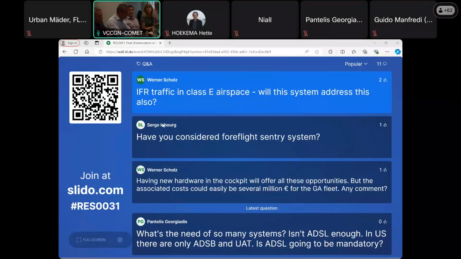If you're sending out ADS-B, then the IFR traffic sees you as well. So even if it's a SIL of 0, I think commercial aviation doesn't display this traffic because it's filtered out by their systems. But we have to work on that, how we can react on the display of the traffic in commercial aviation in class E airspace.